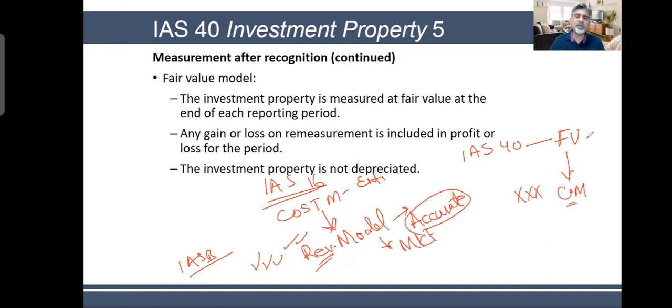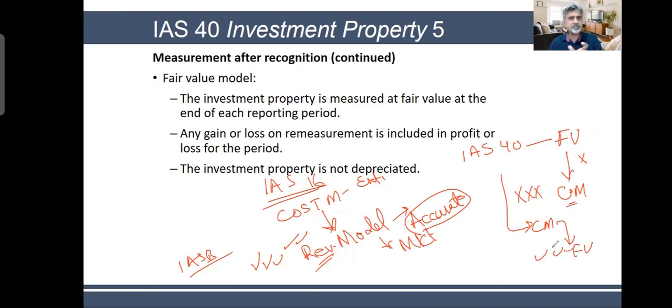So you are moving from a better model to a worse model, from an accurate thing to an inaccurate thing. This is not really appreciable. Yes, if you have the cost model under IAS 40, and then you say, I want to move to the fair value model, everybody will clap. Everybody will say, well done, do it.